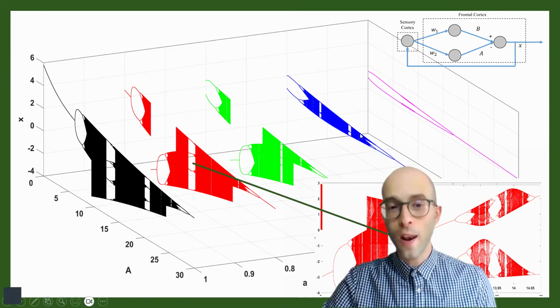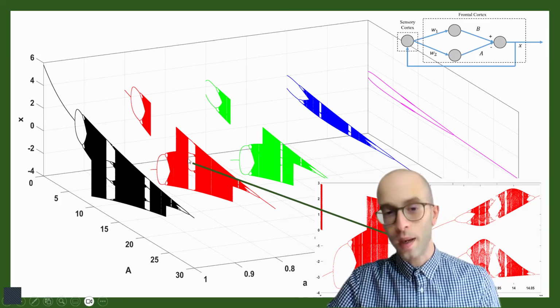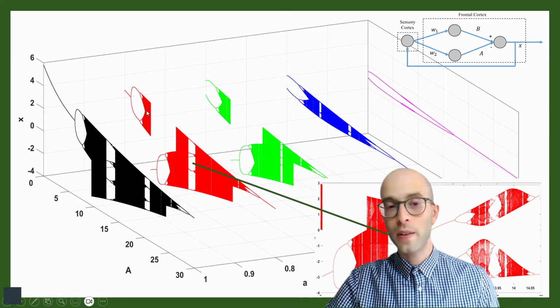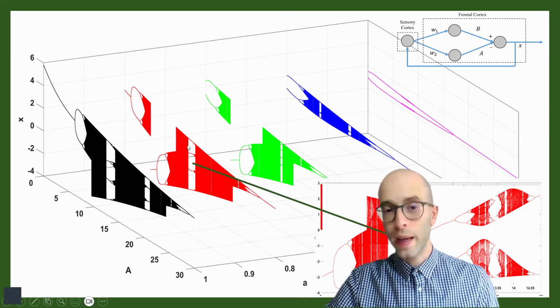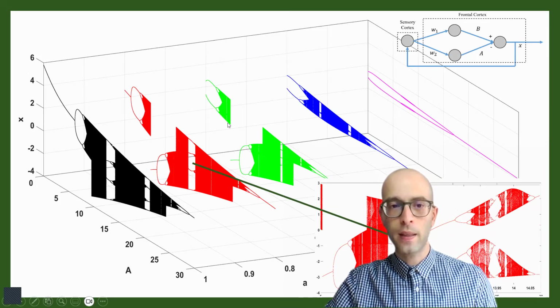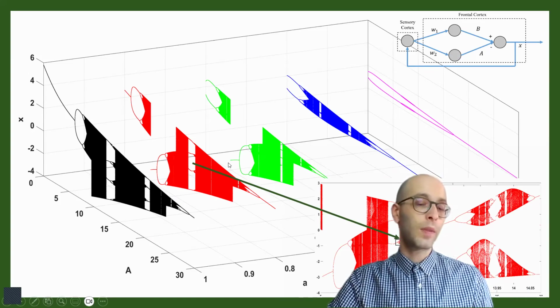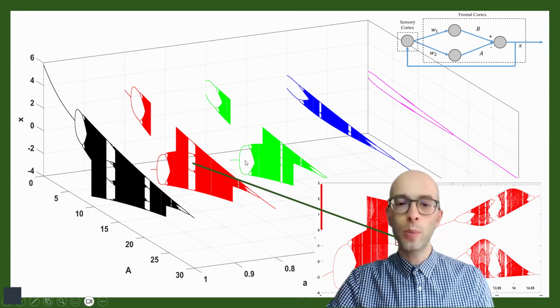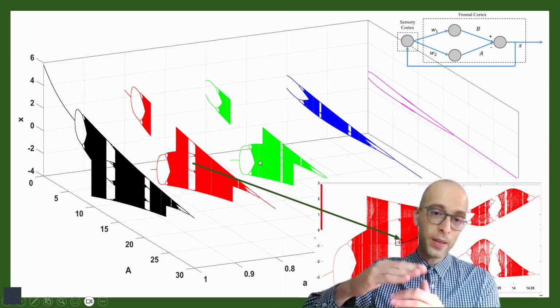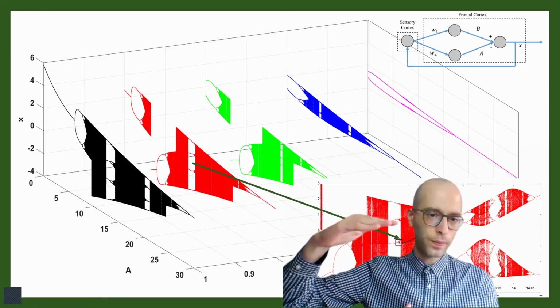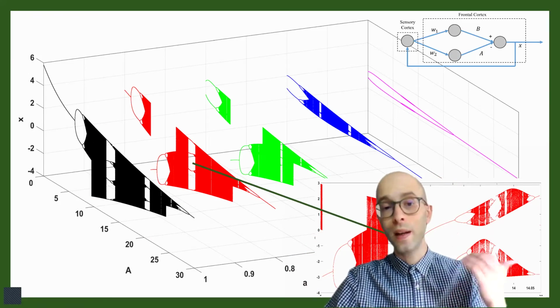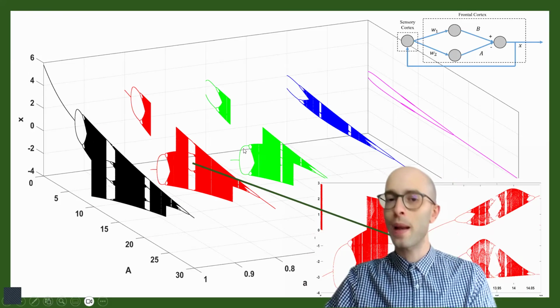For example, we have a lot of crisis phenomena where the attractor changes abruptly in and out of chaos, as you see right here, and right here, and right here. We also see attractor merging, where multiple attractors merge into a much larger attractor. We also have attractors changing their position very abruptly.